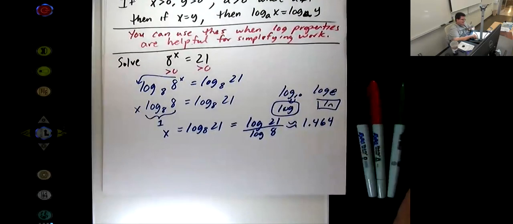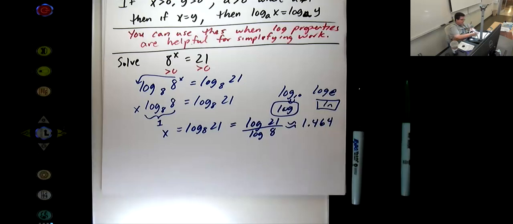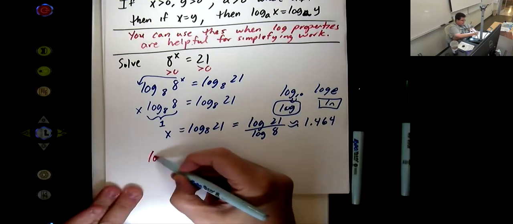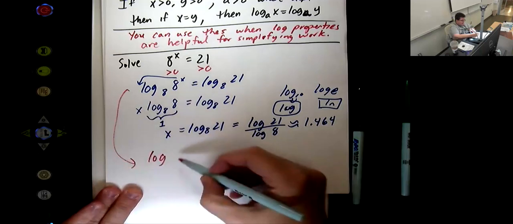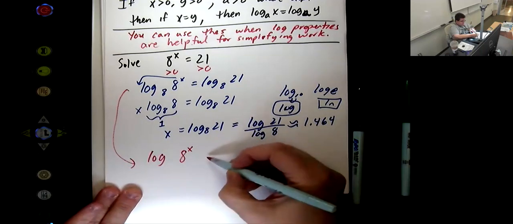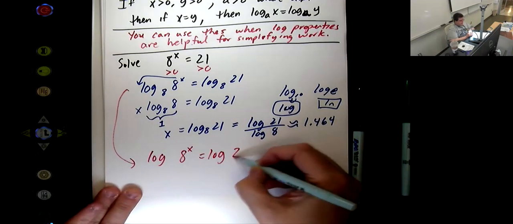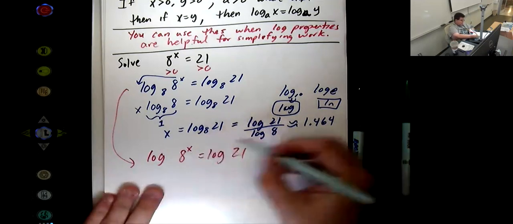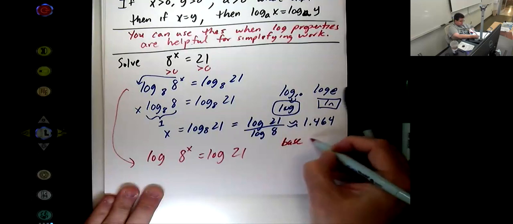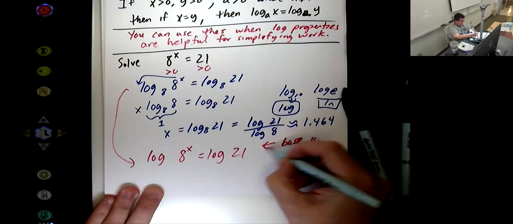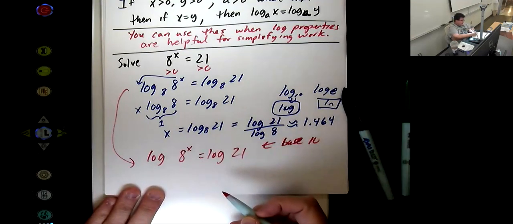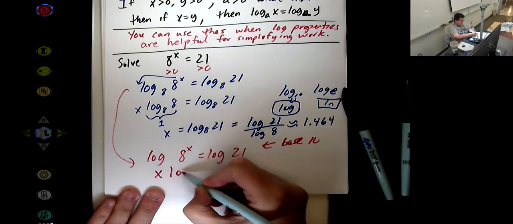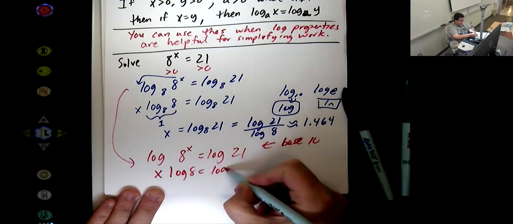Another way we could have done that was back when we were deciding the base, before I picked the base. I could have just used base 10 directly from the get-go. If I choose base 10 directly, x still comes down. I have x times log 8 equals log 21.